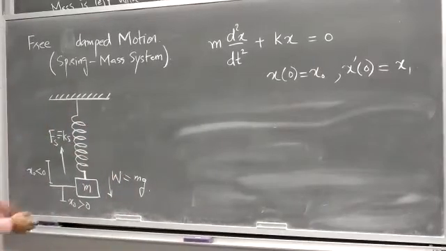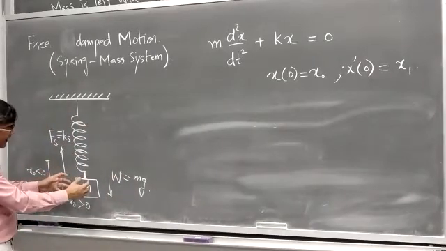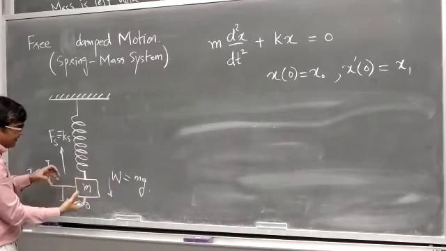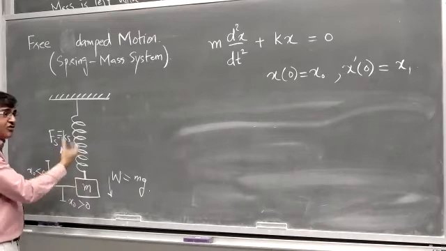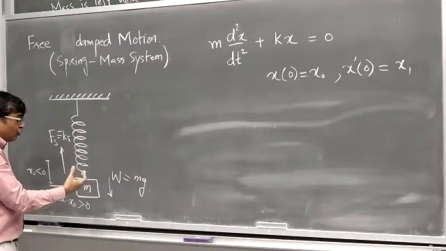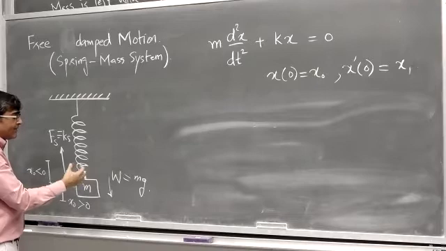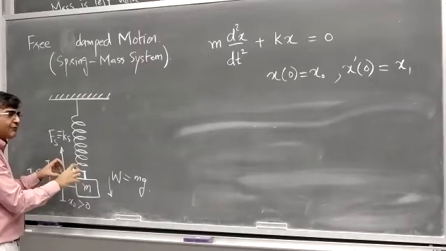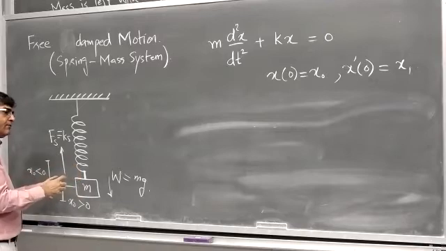For example, we can assume air resistance. If the surface of the mass is very wide, then there must be an air resistance force which will definitely try to stop this mass from moving upward and downward.